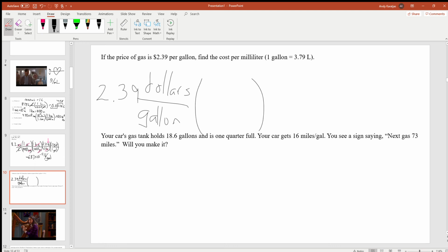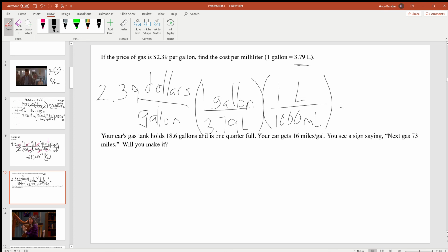So to get to milliliters, I'm going to first need to get to liters. And so 1 gallon is equivalent to 3.79 liters. And then we can go to milliliters. 1 liter is 1,000 milliliters.